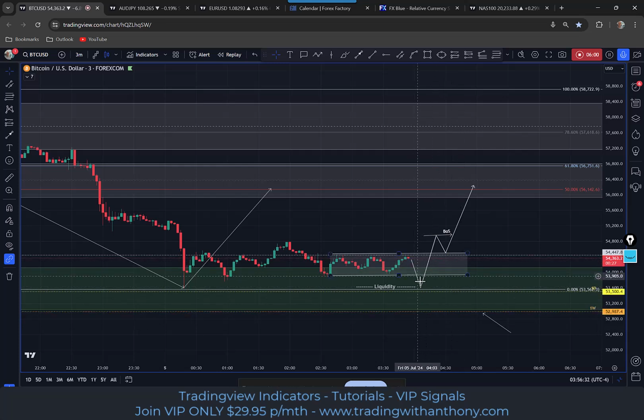So I'd really like to see it tap into this daily, and then trade off with speed, and we get a bit of a thin candle here, something like that. The pullback in to rebalance, and then we see it trade north. So if this sets up, then we have potentially a buy.